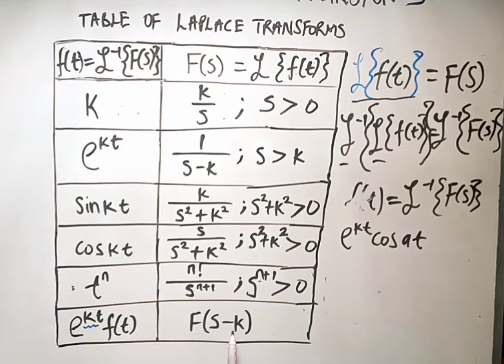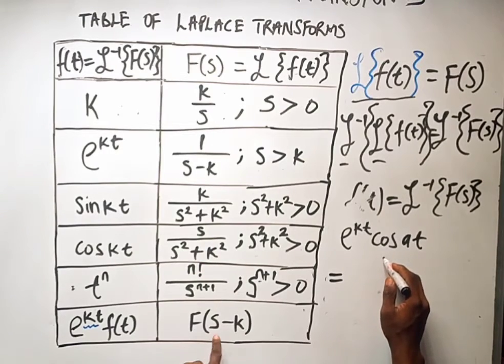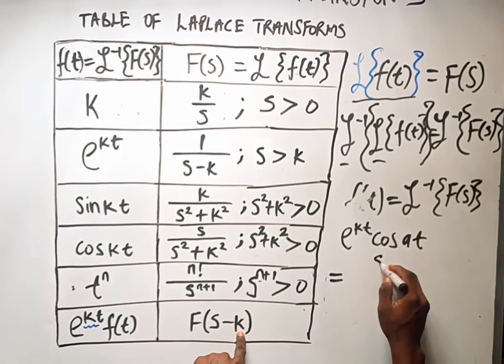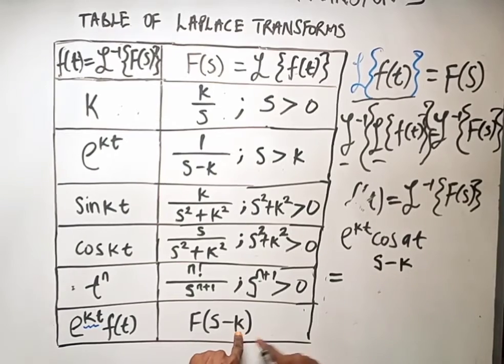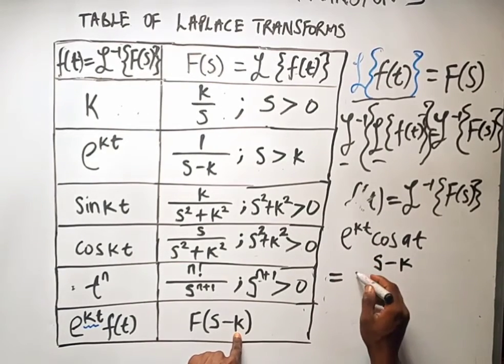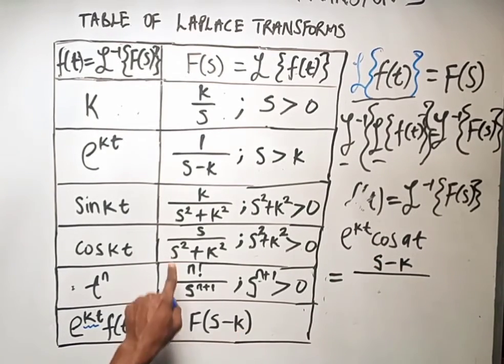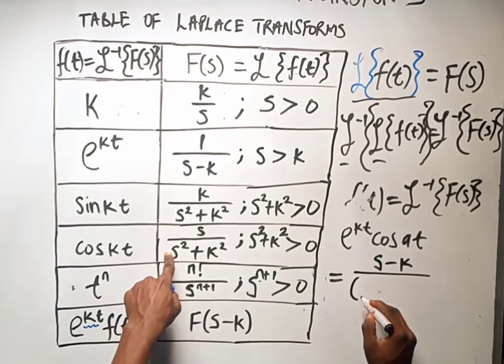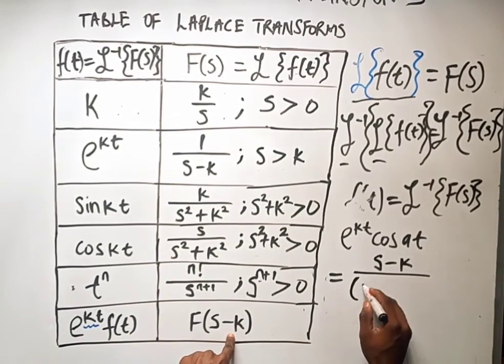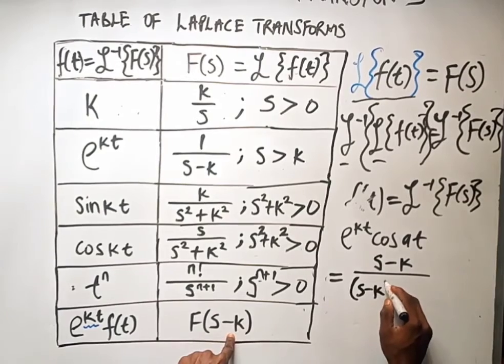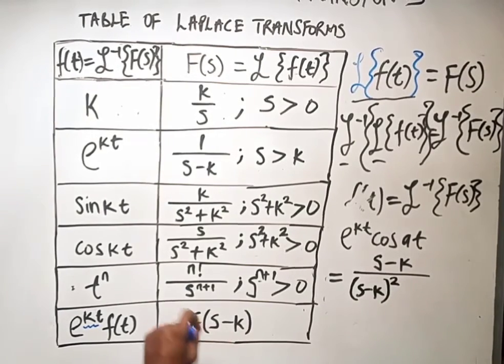So s will be replaced with s minus k, divided by s minus k squared.